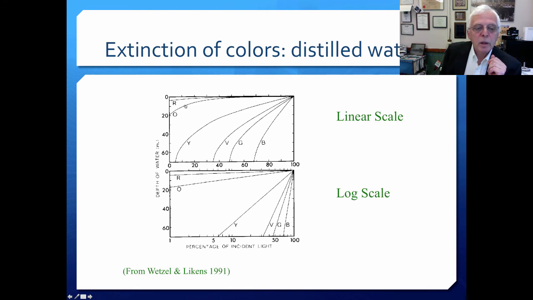This is the depth of the water here, and orange and yellow all disappear much more rapidly than does blue, and blue has a greater percentage of incident radiation than you see for the red, orange, and yellow. This is in pure water.